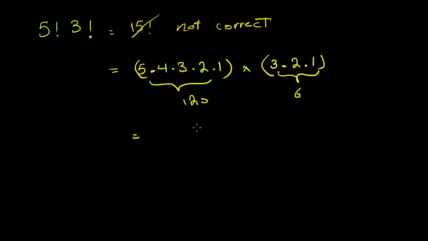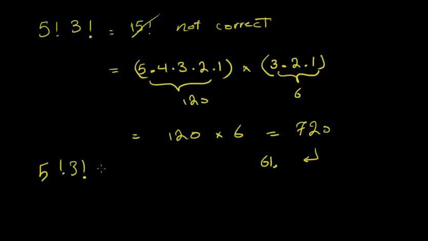So we multiply 120 by 6, and we get 720. And we know that 720 equals 6 factorial. So 5 factorial times 3 factorial equals 6 factorial, or 720.